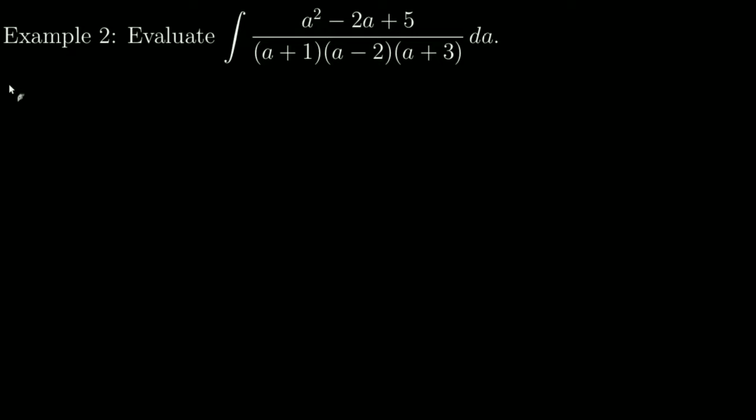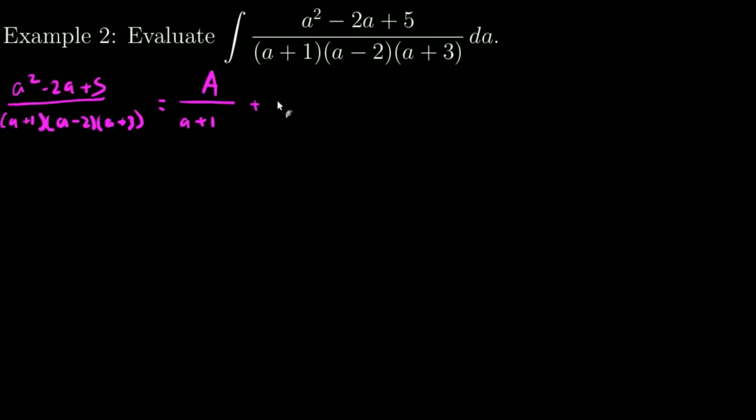I'm going to have to consider this, so I have A squared minus 2A plus 5 over all of that, equals A over this little a plus 1, plus B over little a minus 2, plus C over little a plus 3.